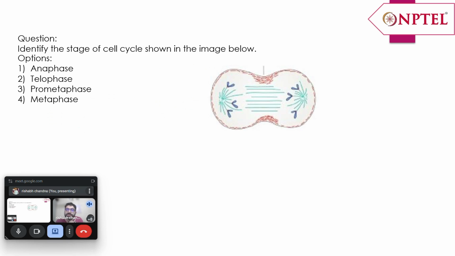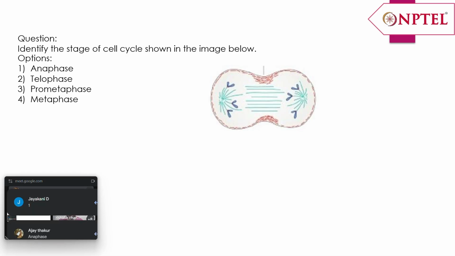Identify the stage of the cell cycle shown in the image given below. So what can be the correct answer? Okay, any more answers?